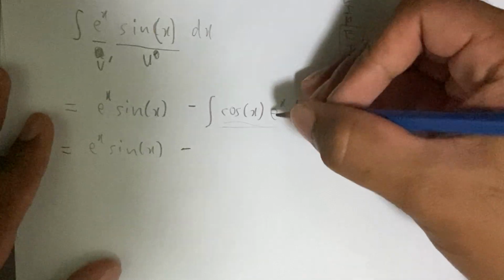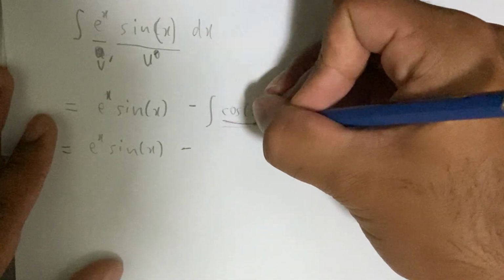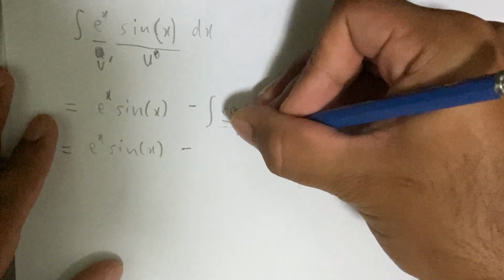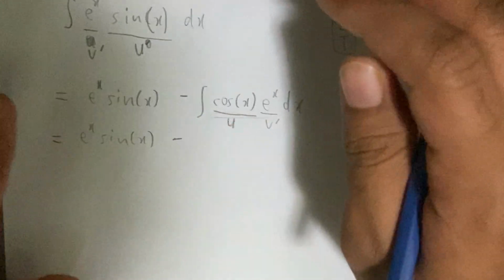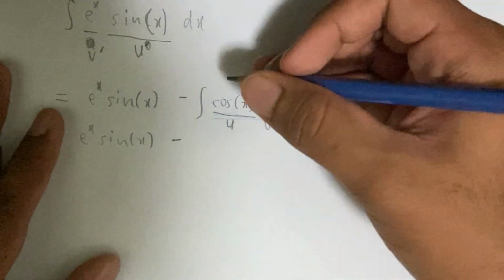So we say again, this is v prime, this is u, and then we do the thing again.